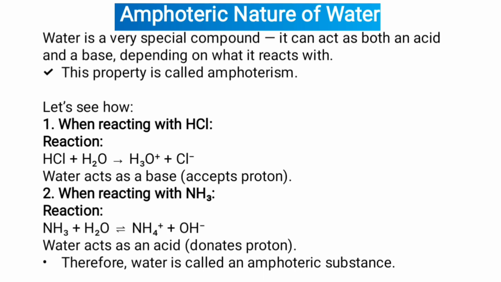Here, water acts as a base, accepting a proton. Second one, when reacting with NH3: NH3 + H2O reversibly gives NH4+ + OH-. Here, water acts as an acid, and donates a proton. Therefore, water is called an amphoteric substance.